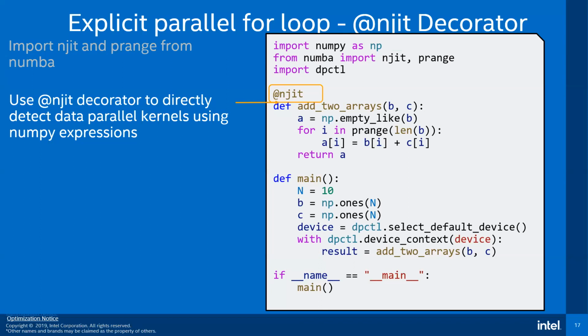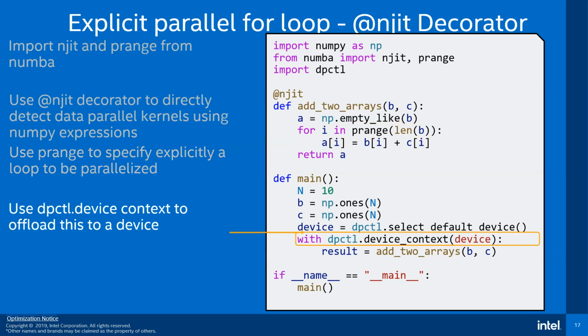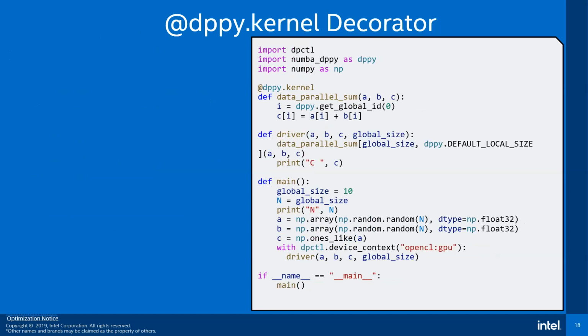And we are using the njit decorator to directly detect data parallel kernels using numpy expressions. And if you see, I'm specifically calling the prange in this for loop, right? And finally, we are again using the Dpctl layer to offload this to the device. So this is using the njit decorator, and we'll see the kernel approach.